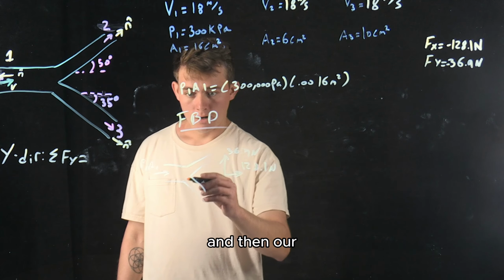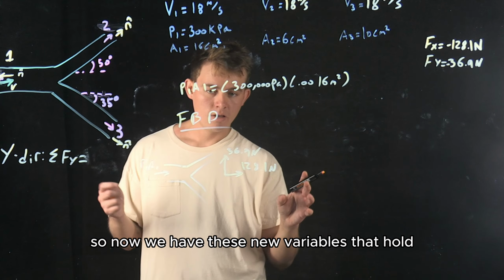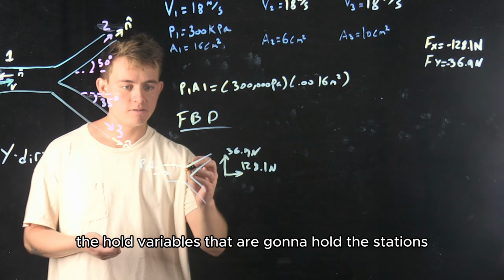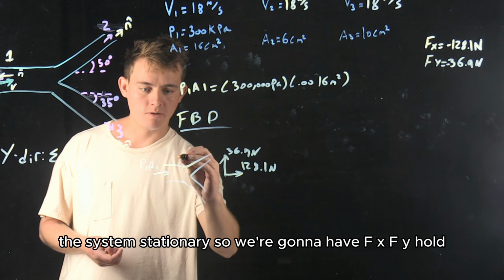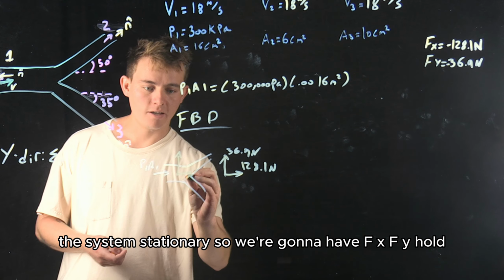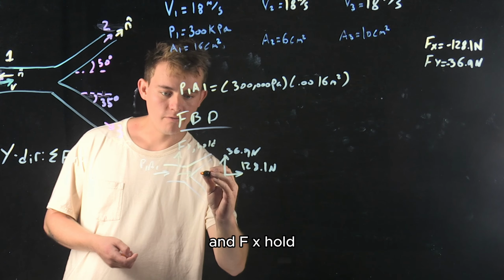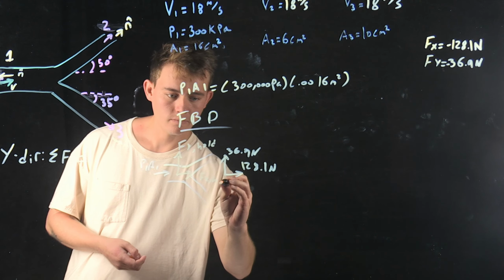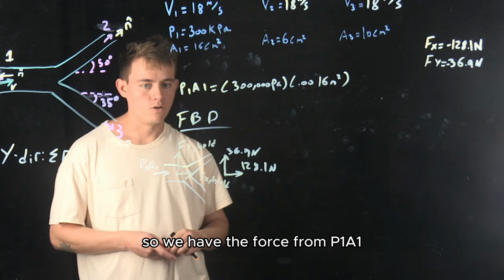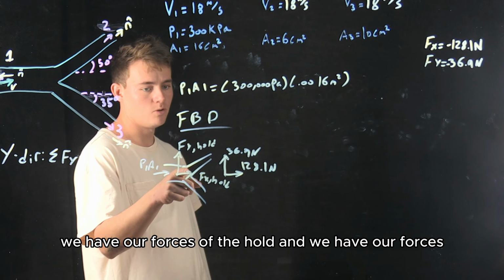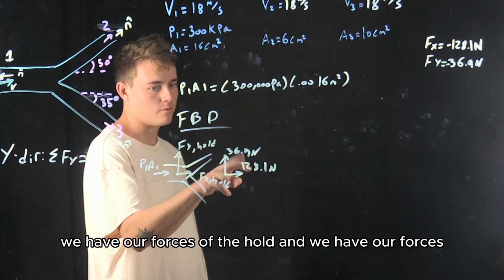And now we have these new variables, the hold variables, that are going to hold the system stationary. So we're going to have Fx hold and Fy hold. So we have the force from P1 A1, we have our forces of the hold, and we have our other forces.